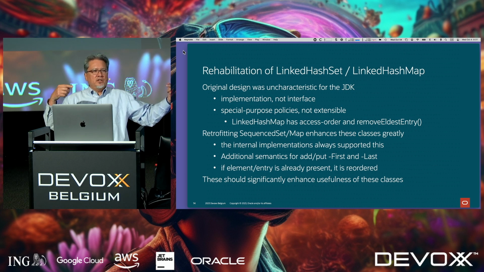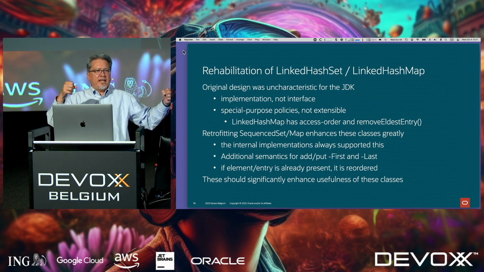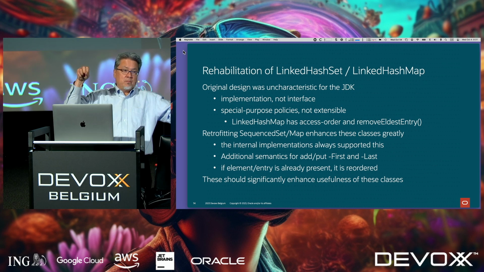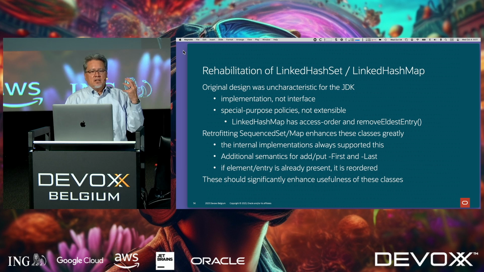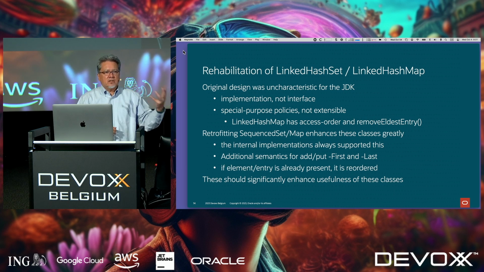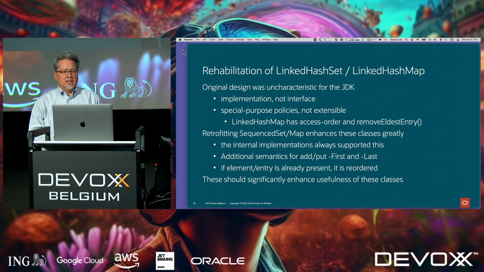So in principle, the implementation could already have supported getting the element, it had reference to the element at both ends of the doubly linked list, and you could go in both directions internally, but that was never exposed in an API. And so sequenced set and sequenced map actually expose those functions that take advantage of the fact that linked hash set has a doubly linked list running through all its elements.